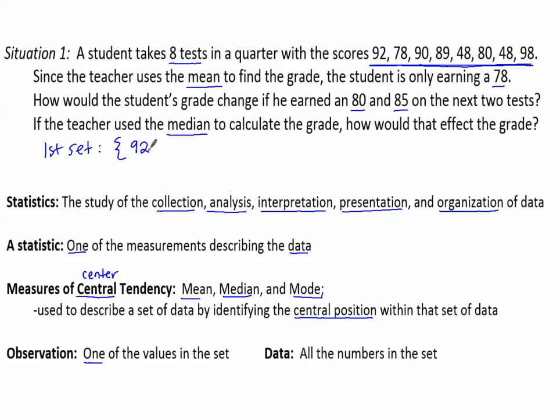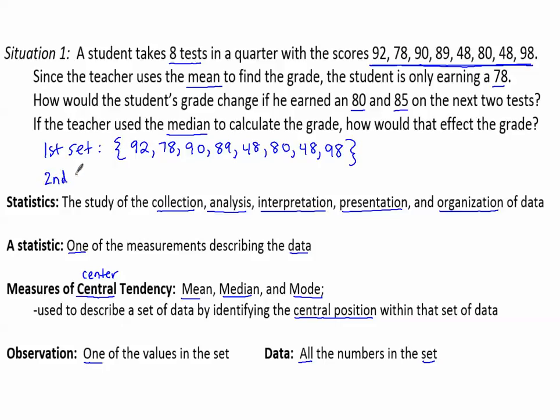If I write down all of the data, that would be all of the numbers in the set. So all of the data for the first set is 92, 78, 90, I'm looking at this list right here, 89, 48, 80, 48, and 98, probably in the order that the student took the tests.